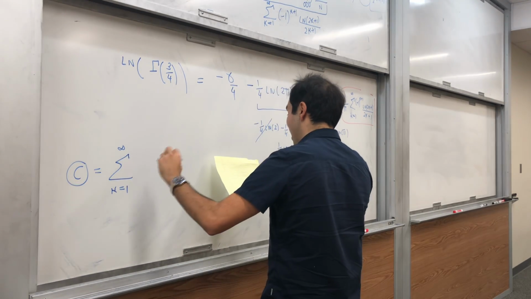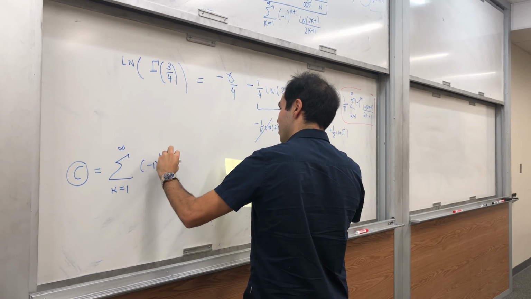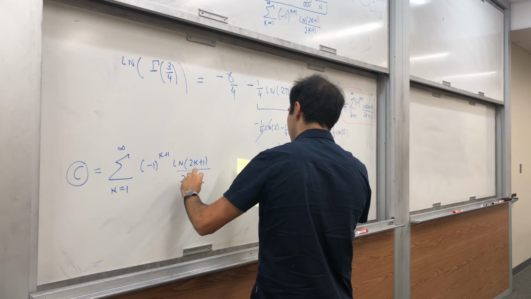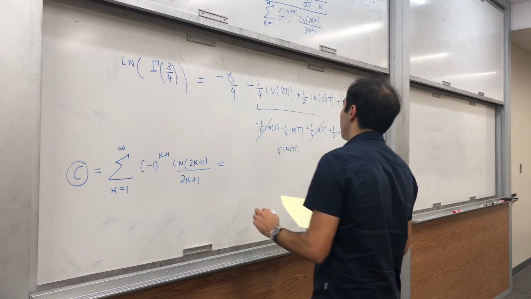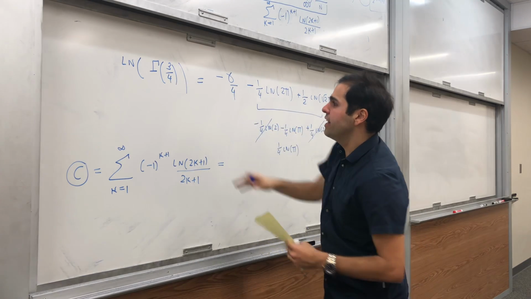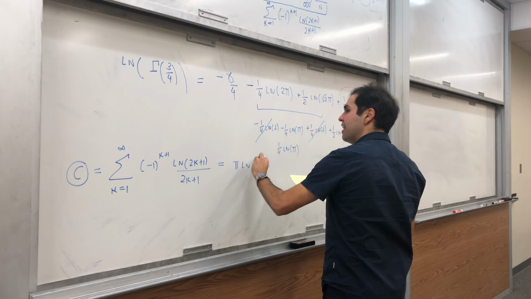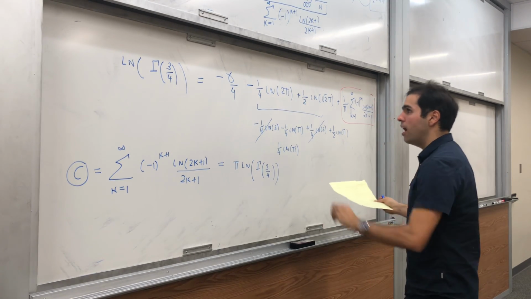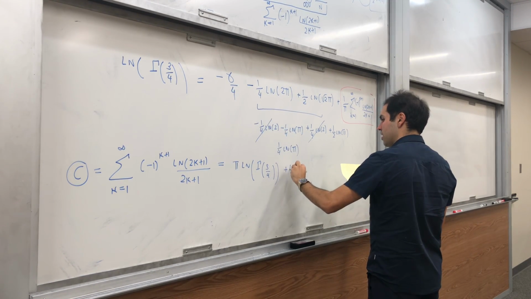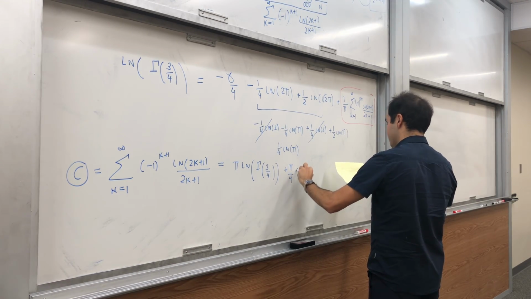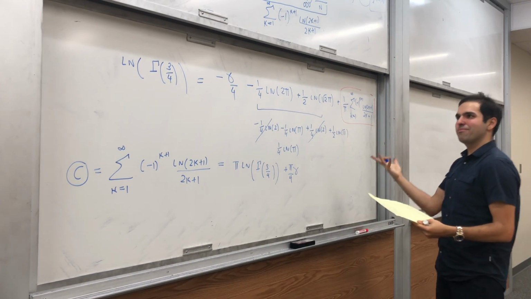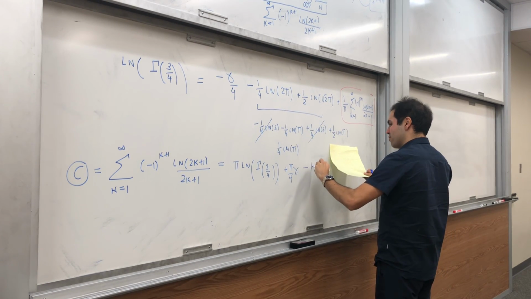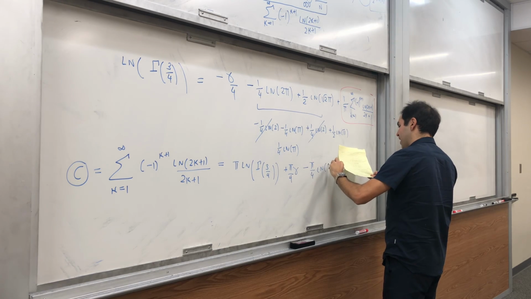So that's C, equals minus 1 to the k plus 1 ln of odd terms, so 2k plus 1 over 2k plus 1, equals pi times this: pi ln of the gamma function of 3/4 plus pi times pi over 4 Mascheroni. Sounds like mascarpone. Very good. So minus pi over 4 ln of pi.